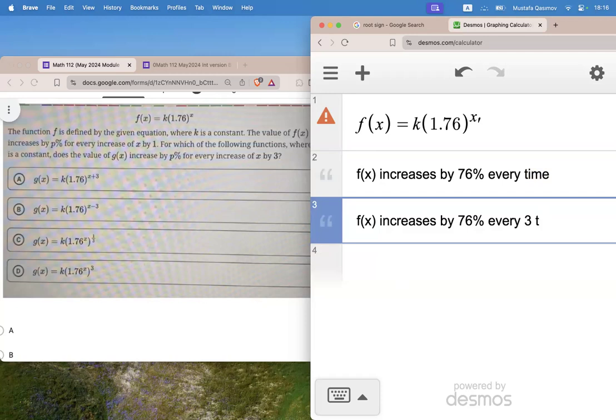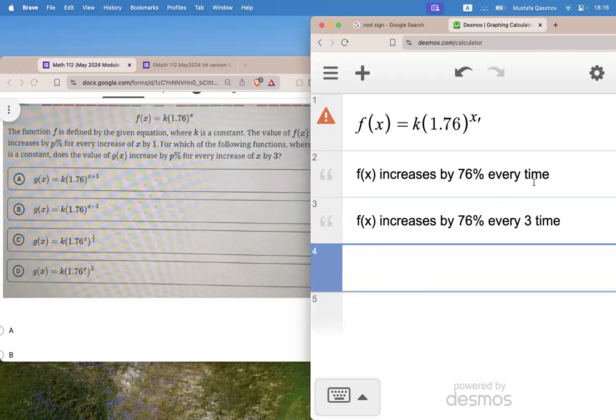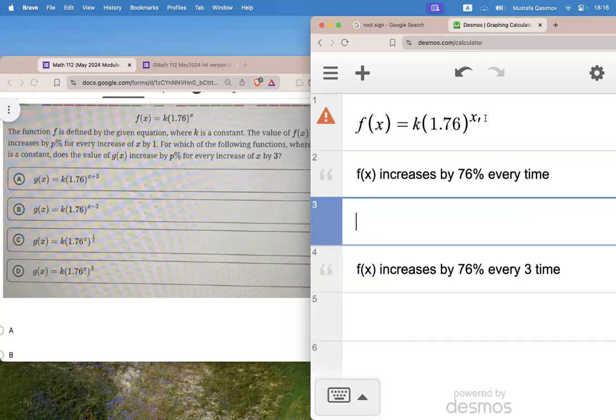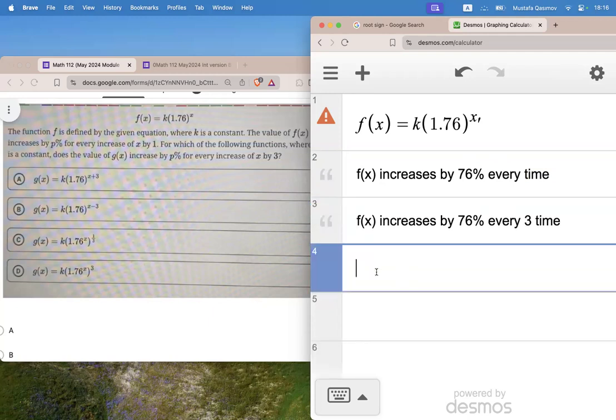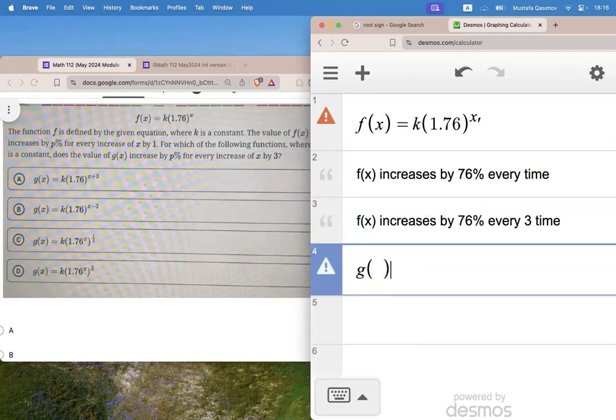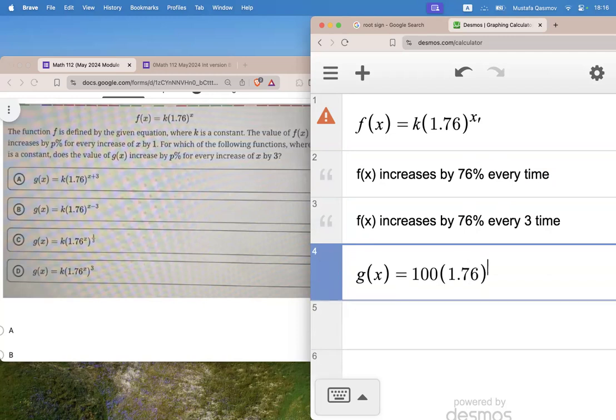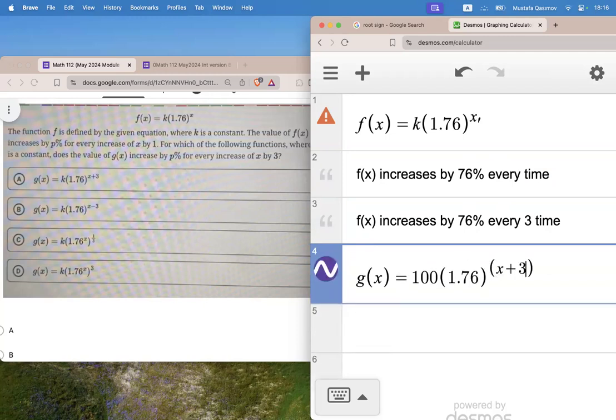For that one we can check all options actually. So let's write g of x is equal to k. Let's say k is equal to 100, because when it is 100, it is easy to look at. It is percent change. X plus 3.